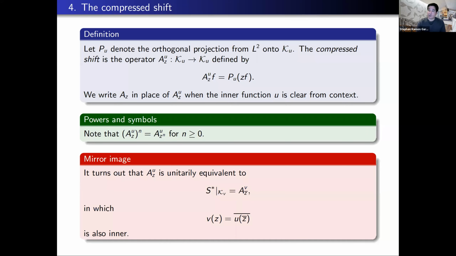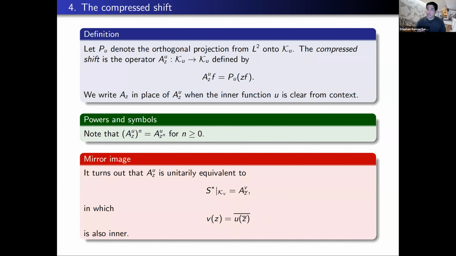But when you look at their compressions, they're more or less the same thing. So the compressed shift on the model space K_u is unitarily equivalent to the restriction of the backward shift to K_v, where v is the inner function you get by conjugating the coefficients of u.